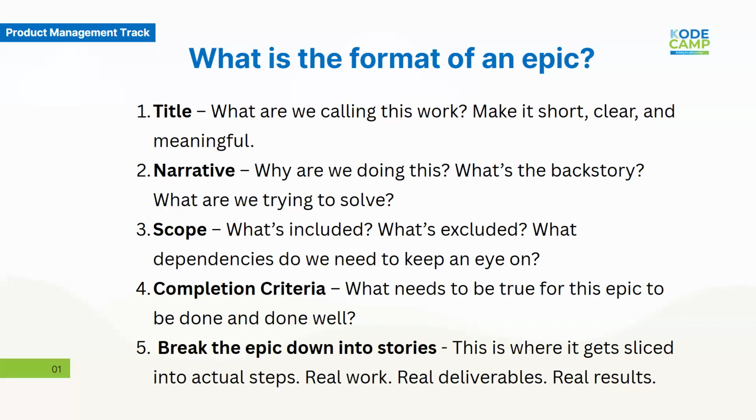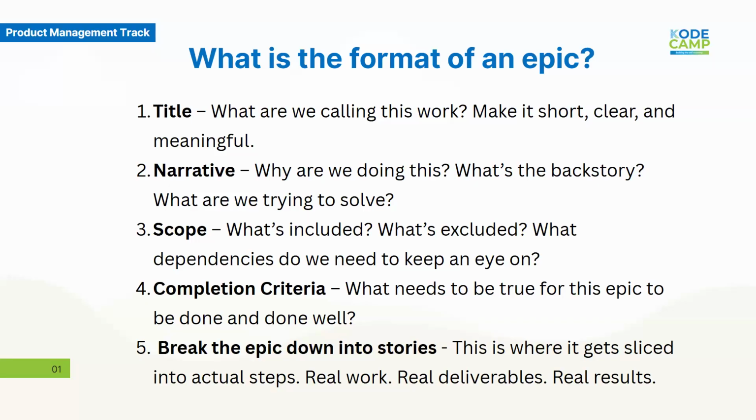Now, after your title, you move into narrative. This is where you take your time and explain what the epic is really about. Now, this is where you put down the story behind your work. You talk about the context, what triggered this epic, is this something users have been complaining about, or is it a part of the bigger company strategy, and so on, right?